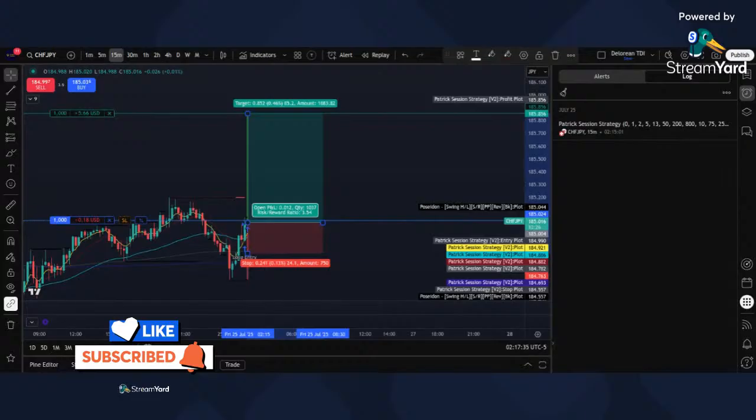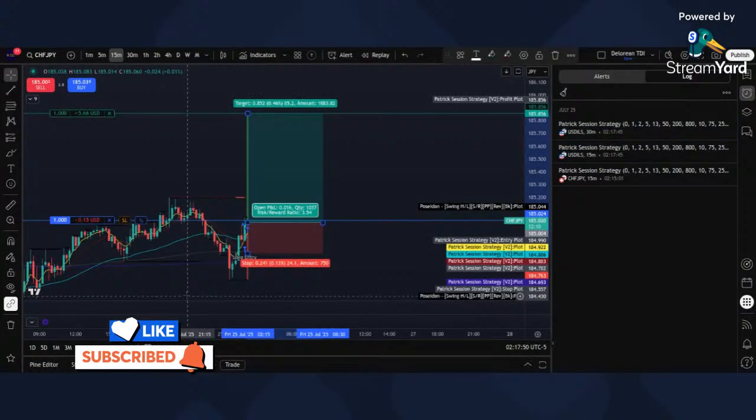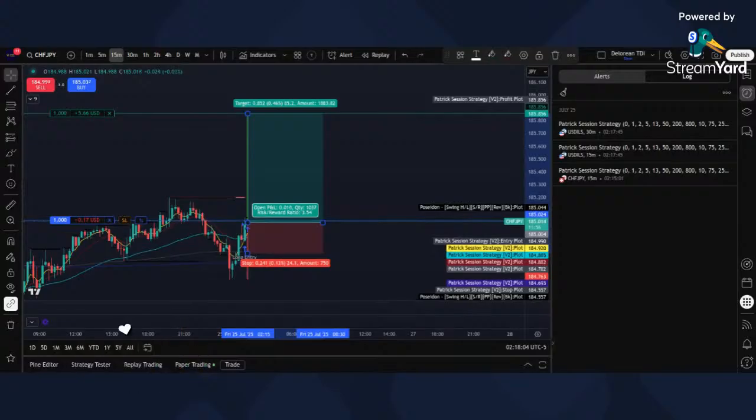Again, this is going to be the Swiss franc versus the Japanese yen, a 15-minute confirmation buy. Looks like we've got some action on the United States dollar to the Israeli shekel as well. We'll take a look at that shortly. All right, there's going to be a green signal, so let me grab that.